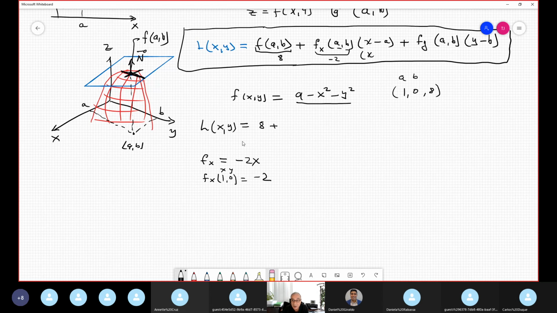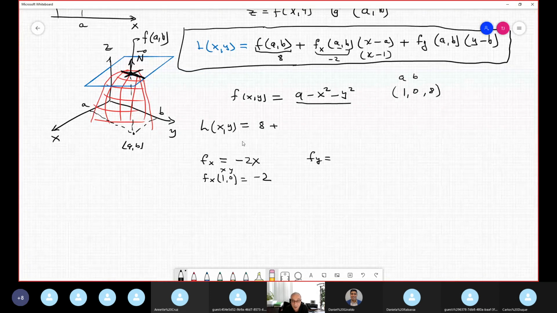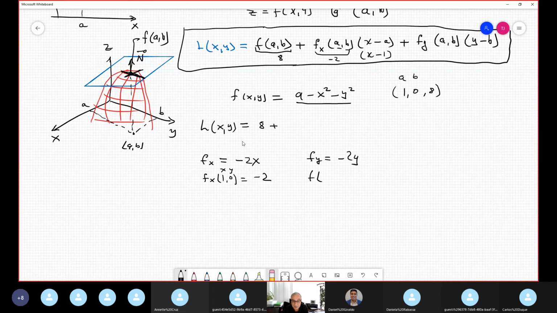So this is minus 2, times the parenthesis x minus a, where a is 1. And the partial derivative with respect to y is minus 2y, evaluated at the point 1, 0. It's 0 because y is 0, so that part disappears. It's 0 times something.